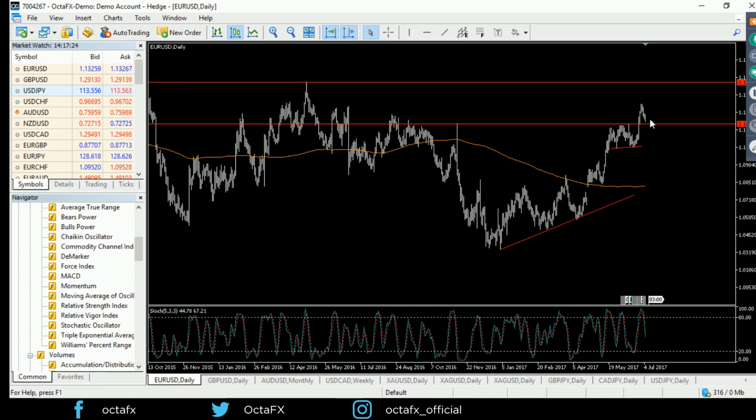If price is able to break below here, we have a trend line down here which may provide support, and again the 200 period simple moving average as a level of support also, and also telling us that we're more in bullish territory since price is trading above the 200 period simple moving average.